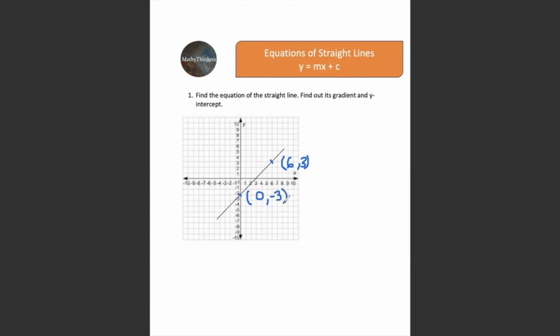So let's see what m is in this case. m will be again y2 minus y1 divided by x2 minus x1. Again, let's take this pair of coordinates as x1, y1, and this one as x2, y2.